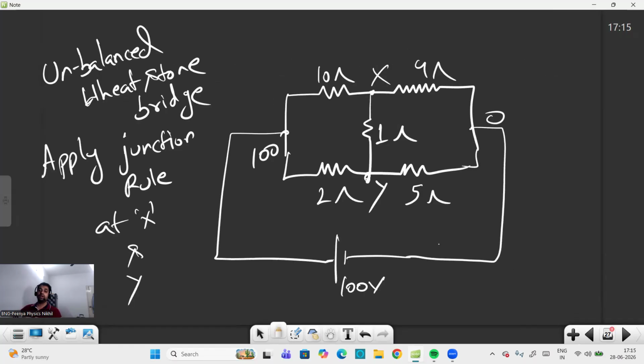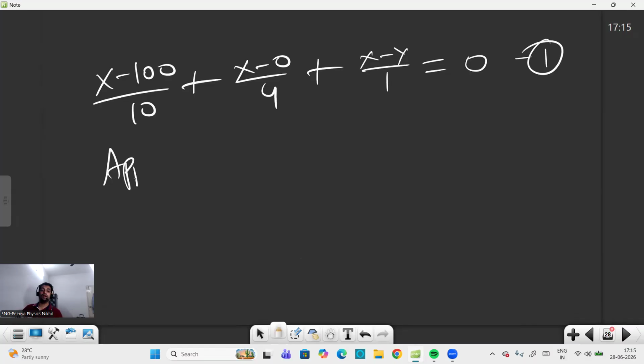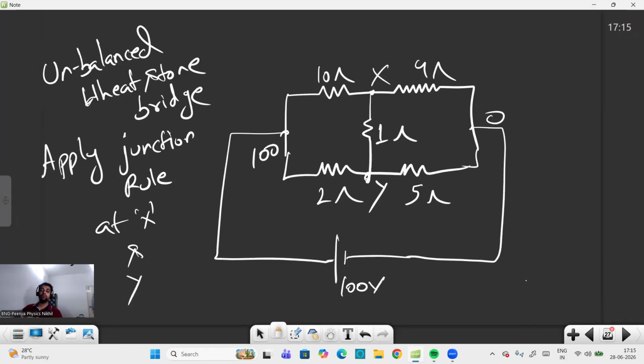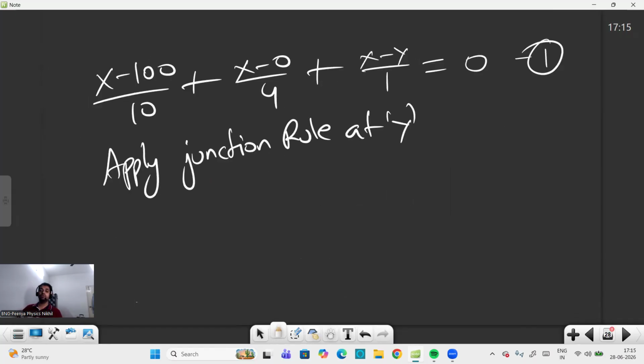Next, apply the junction rule at Y. When you apply the junction rule at Y, what will you write?